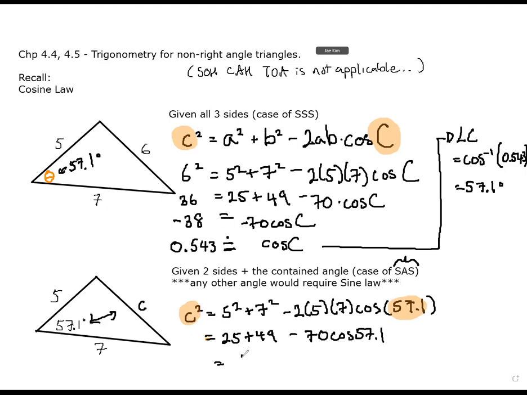That comes to approximately 35.977. So that's basically 36. C is going to be plus minus 5.99. It's basically going to be approximately 6, which checks out.